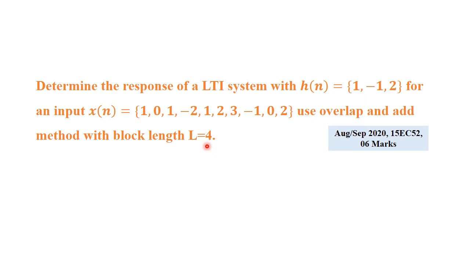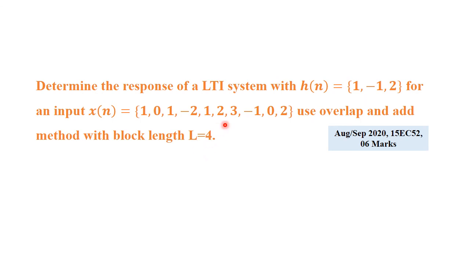Circular convolution is given in the sense that the capital letter N value is being given. In this case block length L is equal to 4, in the sense that x1 of n, x2 of n, that's a smaller sequence length. That is what the L value we are going to have.